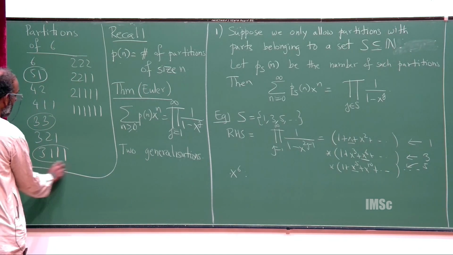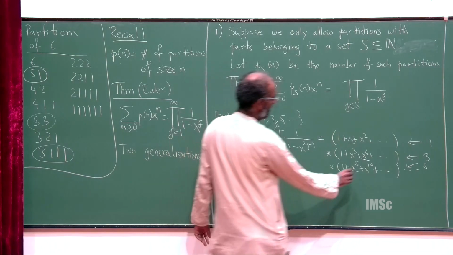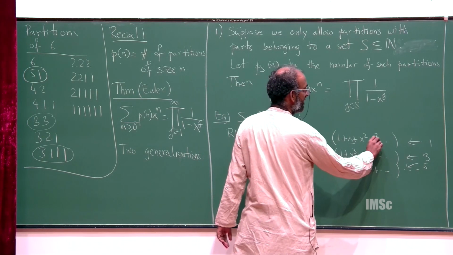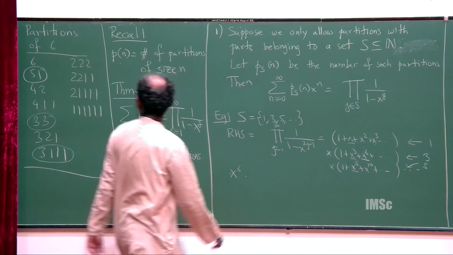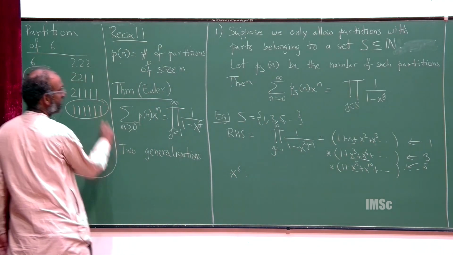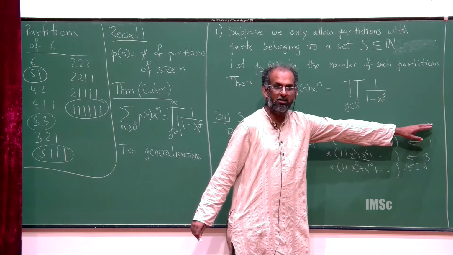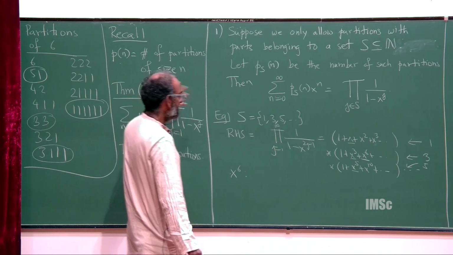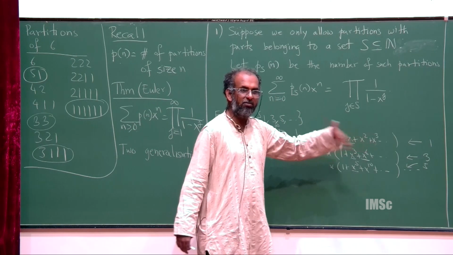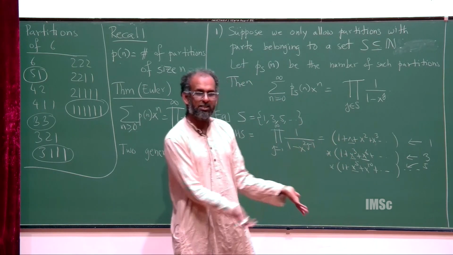And similarly 3, 1, 1, 1 will have a 3 here and an x cubed here, and 1, 1, 1 from here. And lastly 1, 1, 1, 1, 1, 1 will come from x to the 6 here, right? You see that? So this is basically the same proof that we did last time except for any set.